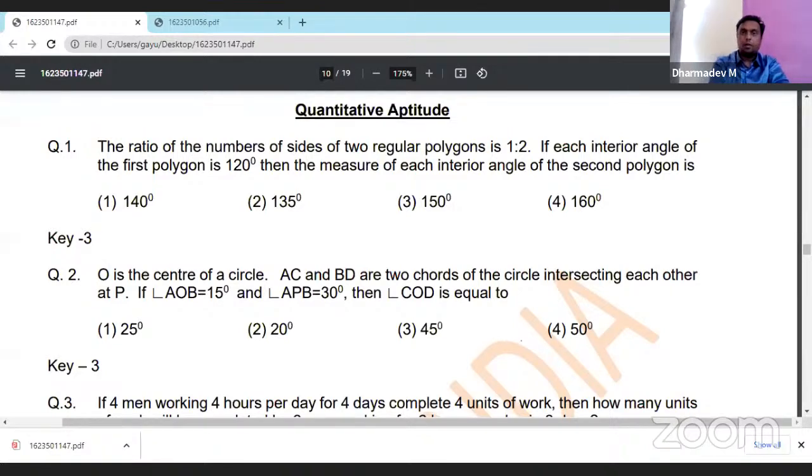Can you tell me how you got 150? Make it fast.